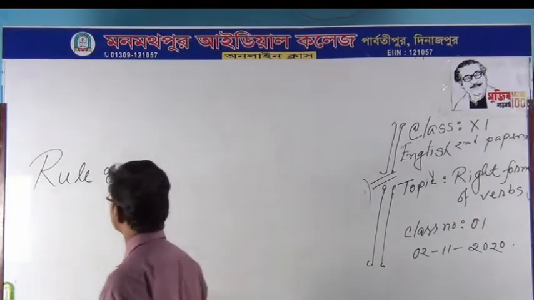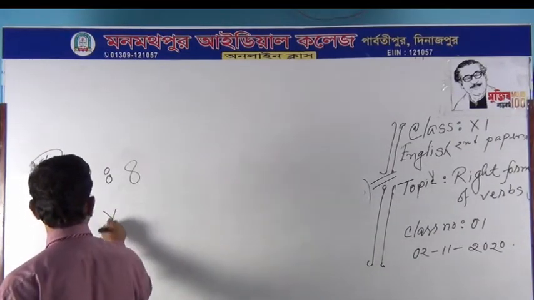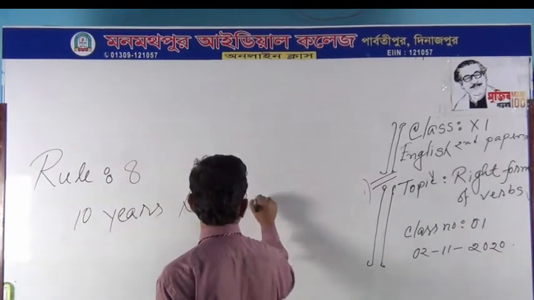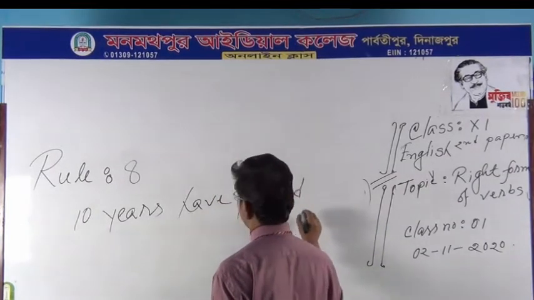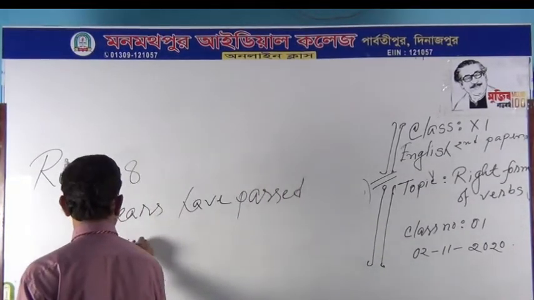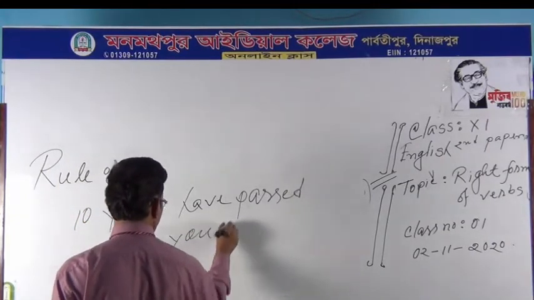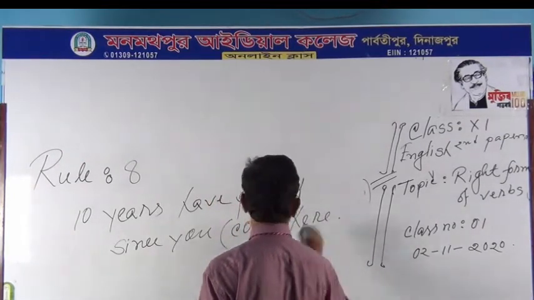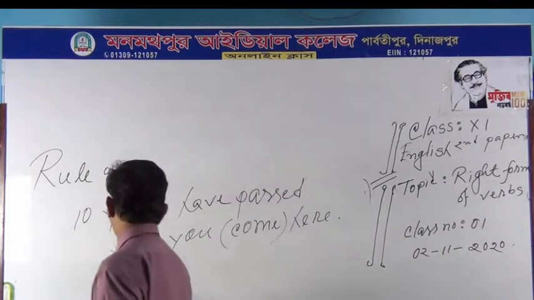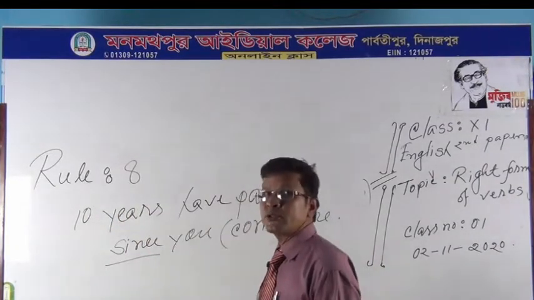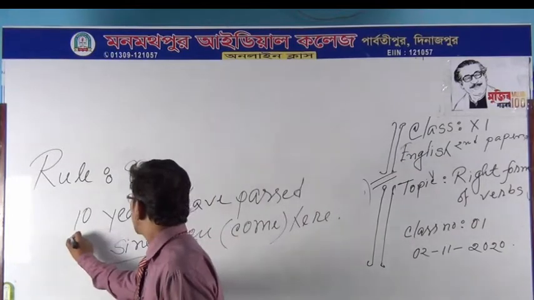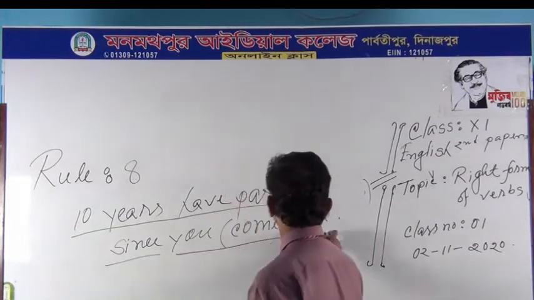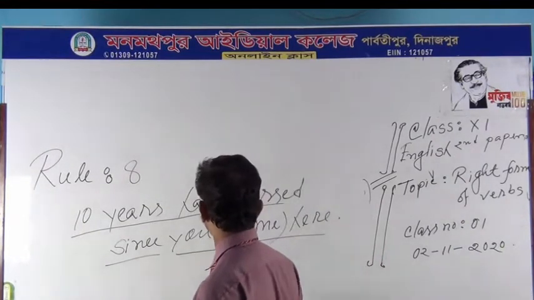For example, here we find "since", and this "since" has connected two parts of the sentence. One is "ten years have passed", another one is "you come here". So the answer will be "came".